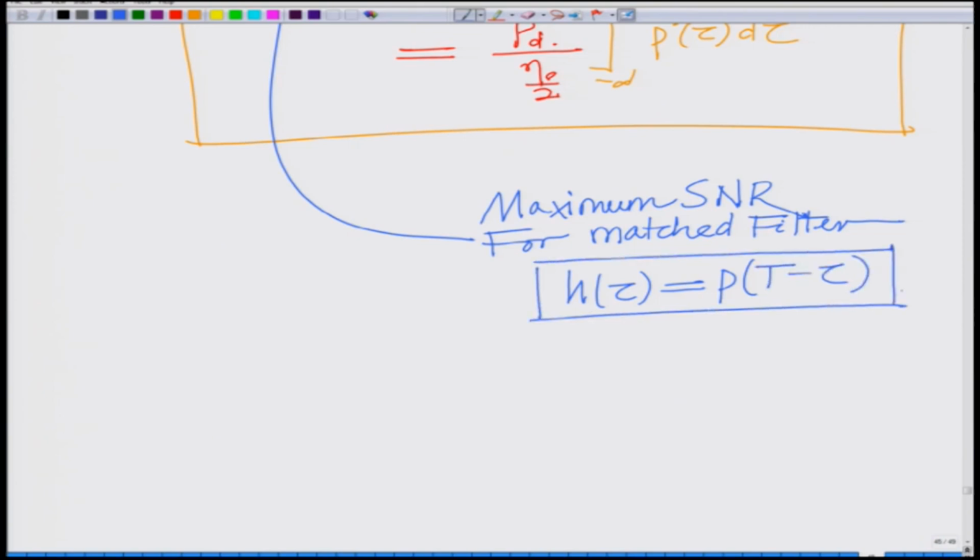It is not surprising, because all you are doing is flipping about the origin and advancing by T. So, the total energy remains constant, that is the total energy in h(tau) is the same as the energy in p(tau), which is the same as the energy in p(T minus tau). Simply by flipping and advancing, you do not change the energy.